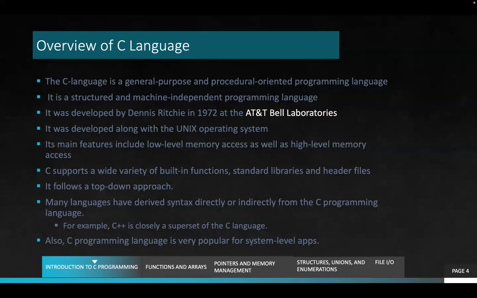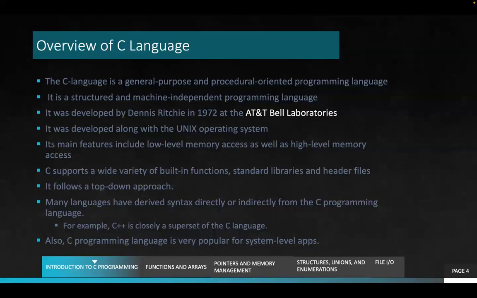From that Algo language, B language was developed, and from that B language, C language was developed. Algo and B language had various flaws, which are not present in C. That is the reason many programming languages have been derived from C. For example, C++ is also derived from C, which is a superset of the C language.